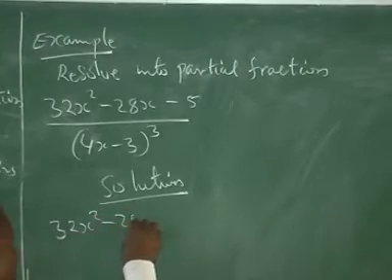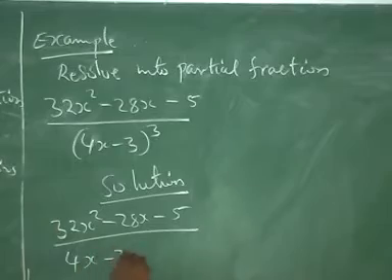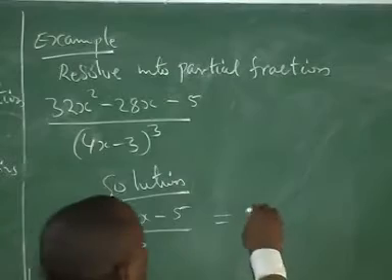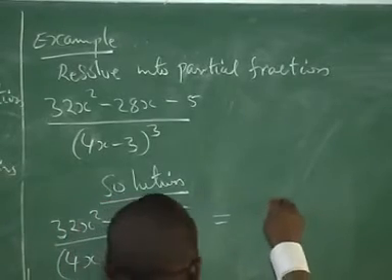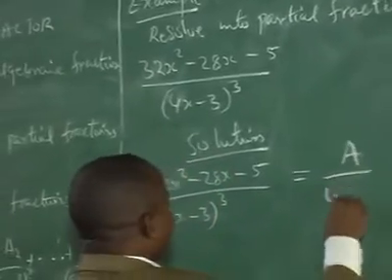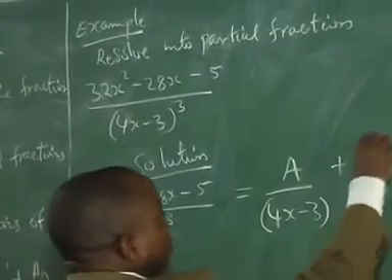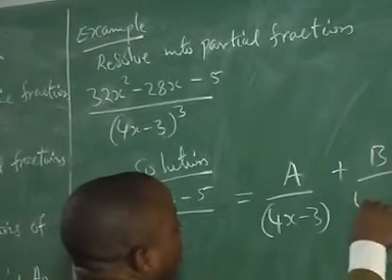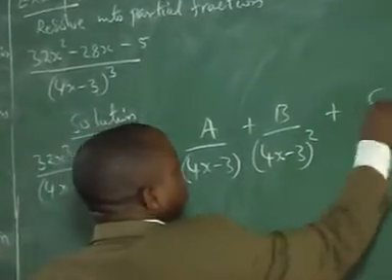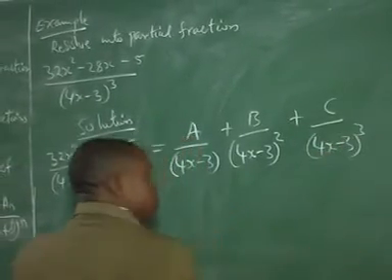32x squared minus 28x minus 5 all over (4x minus 3) cubed. We say that we have to assume a partial fraction of the form A all over 4x minus 3, plus B all over (4x minus 3) squared, plus C all over (4x minus 3) cubed.